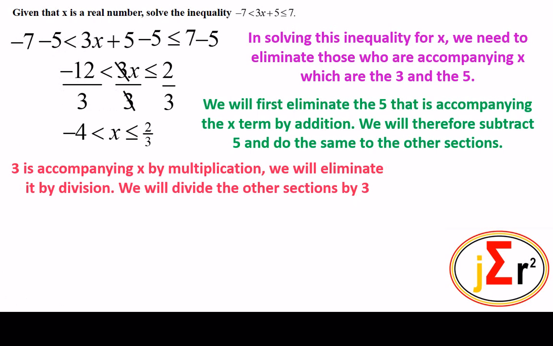The inequality is solved, and the solution is negative 4 is less than x is less than 2/3. In solving this inequality, we need not go into the finer details of the significance of these inequality signs.